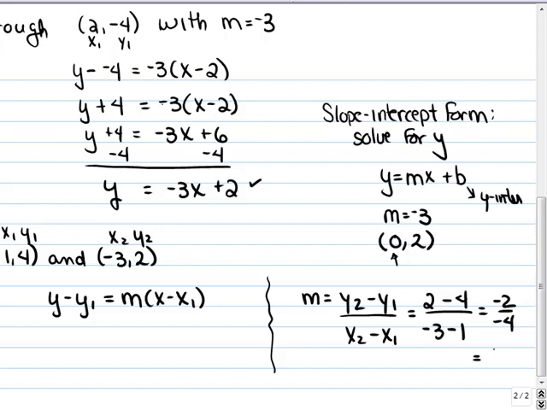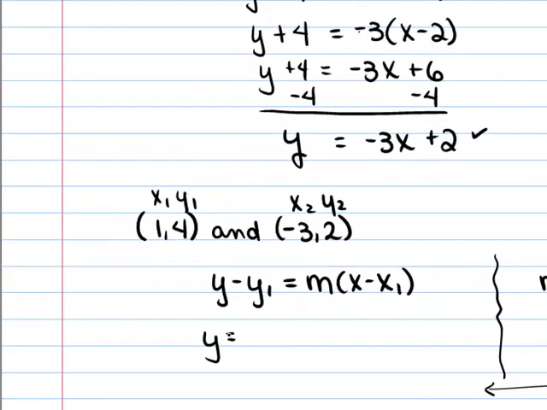When you reduce that down, two negatives make a positive, and the slope is positive 1/2. Now that I have the slope, I come back to my problem with that number, plug in the m, and the x sub 1, y sub 1. So this is y minus 4 equals 1/2 times x minus 1.